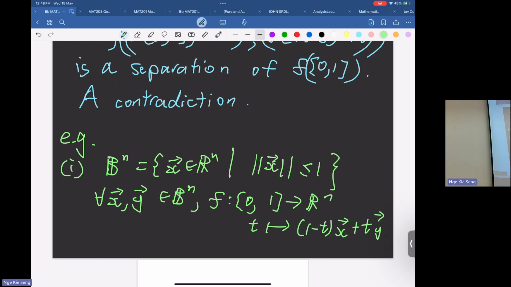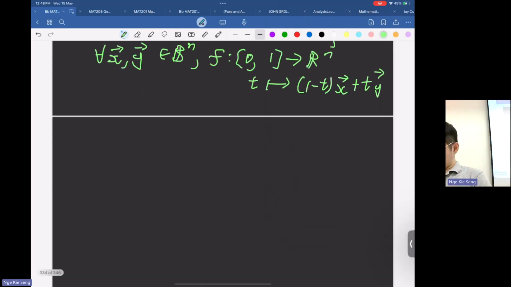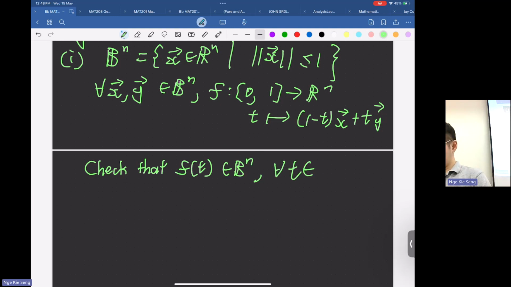Is it true or not? True. Can you prove it or not? Yes. So you need to check that f(t) is in Bn for all t. You need to check because you need a path in the topological space itself. So we need to check that this is true.